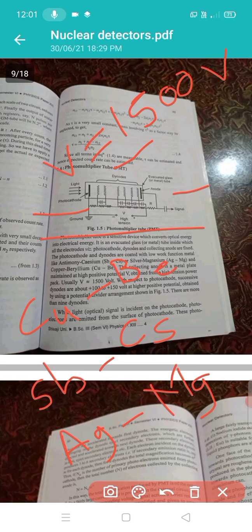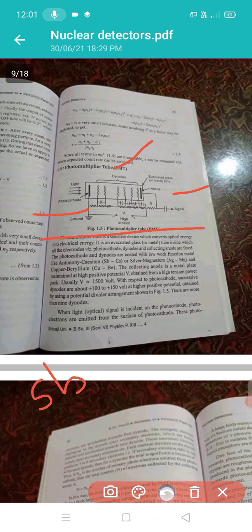With respect to the photocathode, successive dynodes are about plus 100 to plus 150 volt at a higher positive potential, obtained by using a potential divider arrangement.